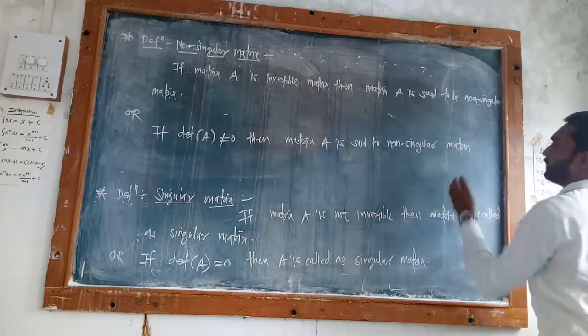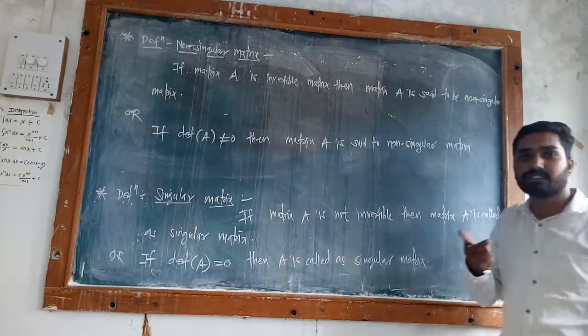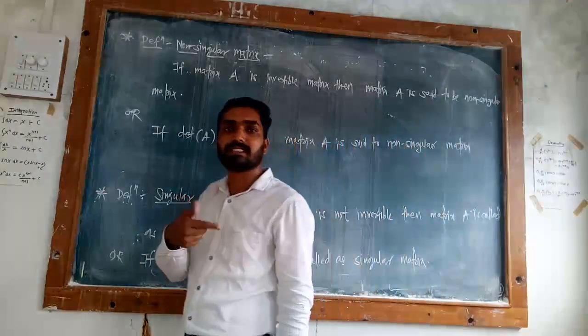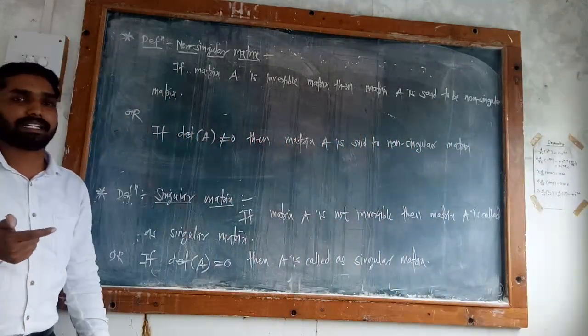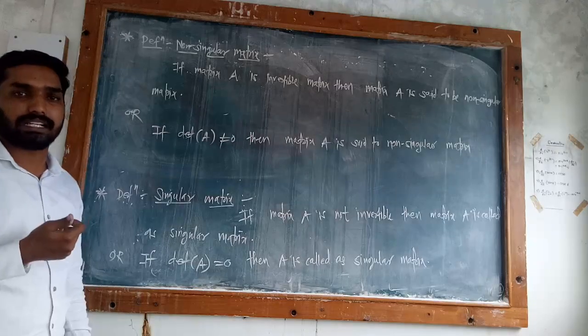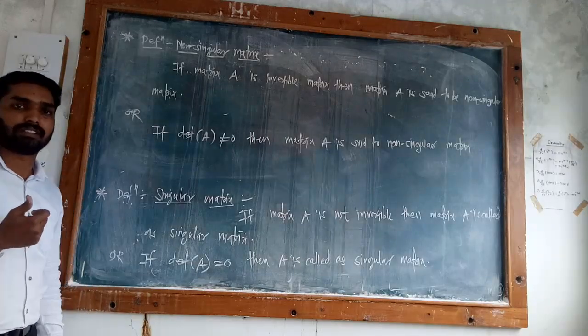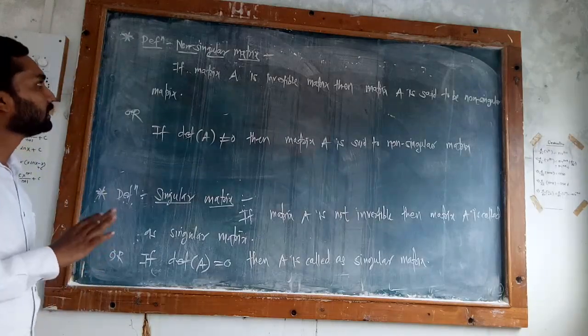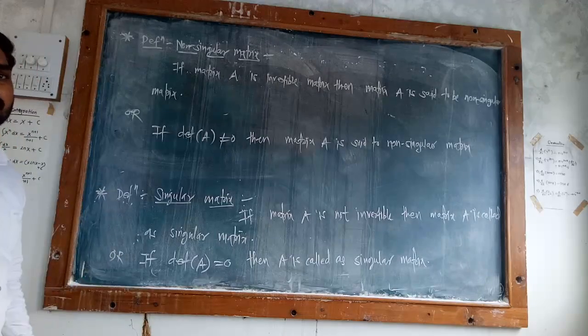Okay, it is so simple. If the determinant is 0, then this matrix is said to be a singular matrix, and if the determinant is non-zero, then this matrix A is said to be a non-singular matrix. This is a simple definition.